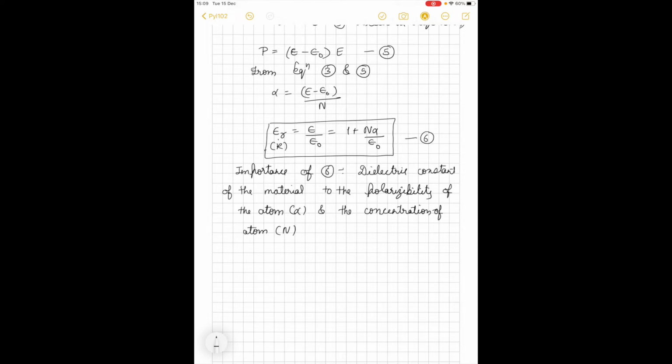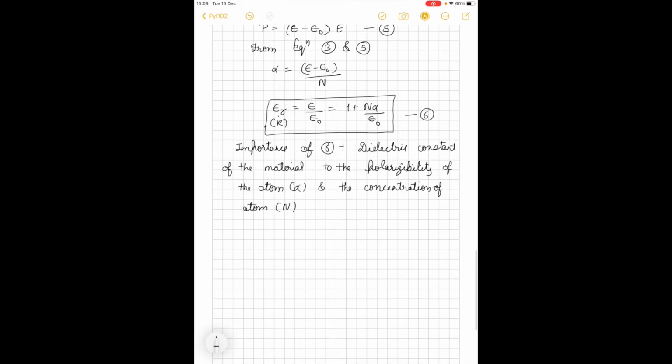So apart from the two quantities, the dielectric polarization and the polarizability alpha, I'll introduce, hopefully, the last quantity, which is called the dielectric susceptibility, and it's denoted as chi e.